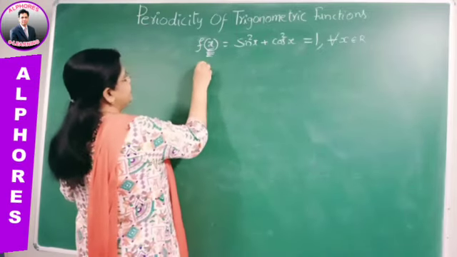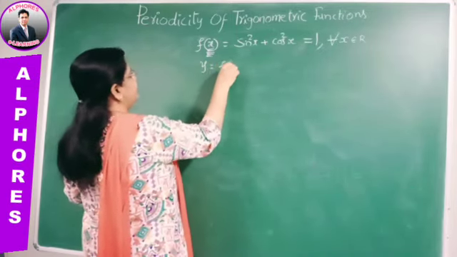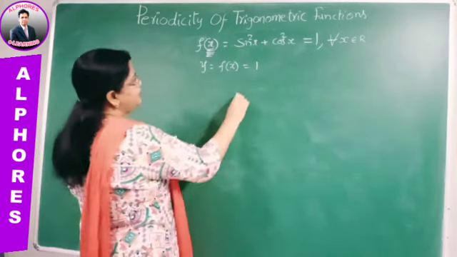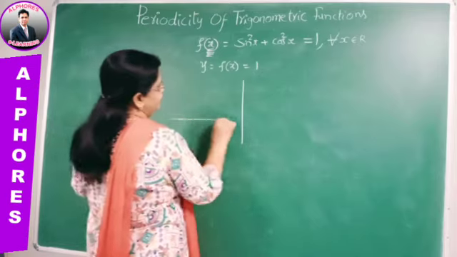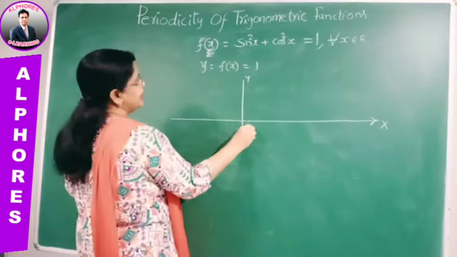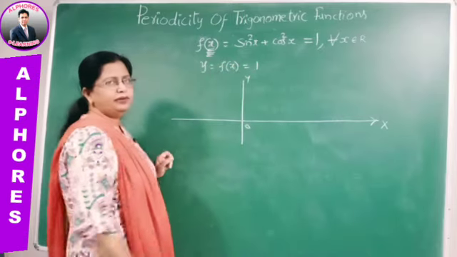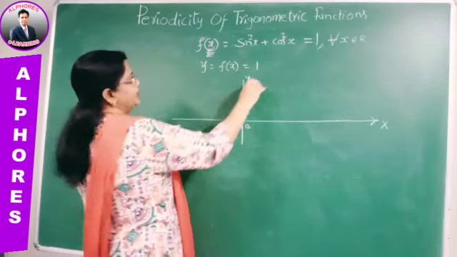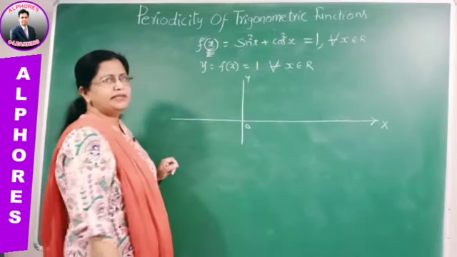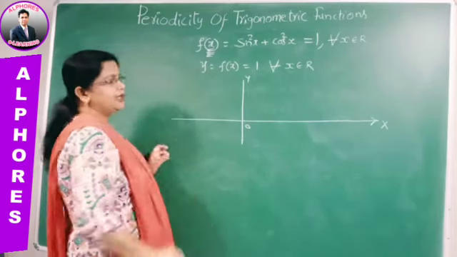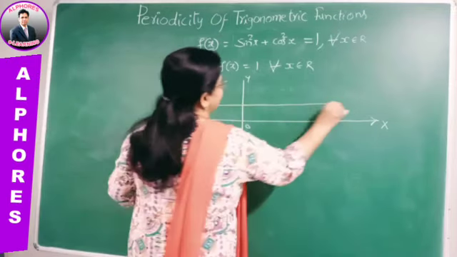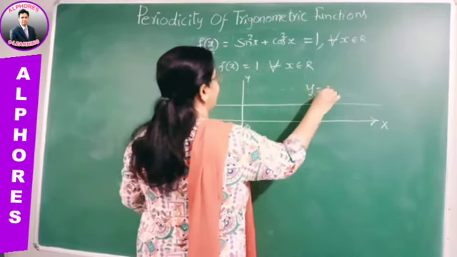So whatever real number x you substitute, the answer is 1. That implies if you take y equal to f of x, it is equal to 1. And graphically, understand, this is the x axis, y axis, origin, you get y equal to 1 for every x. For all x belonging to R, your y value is 1. That means it is nothing but a line parallel to the x axis. So this is the line graph of y equal to 1.